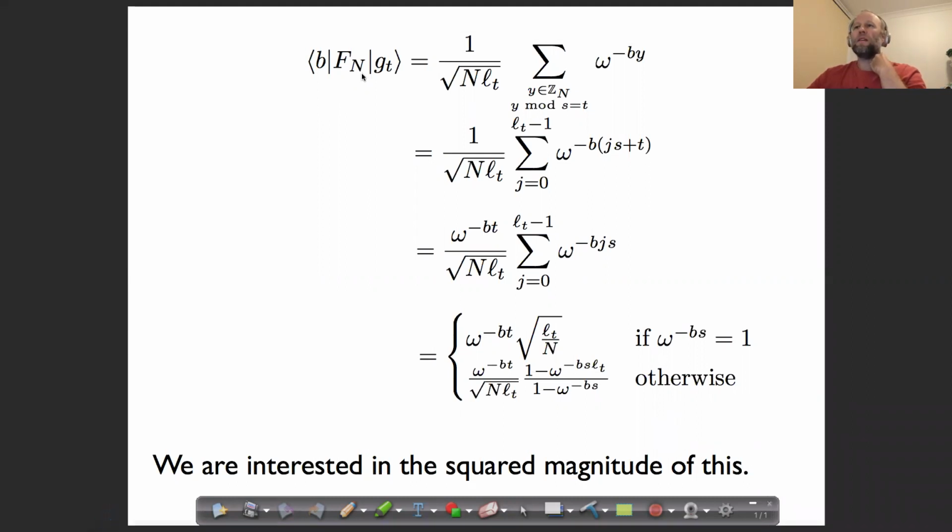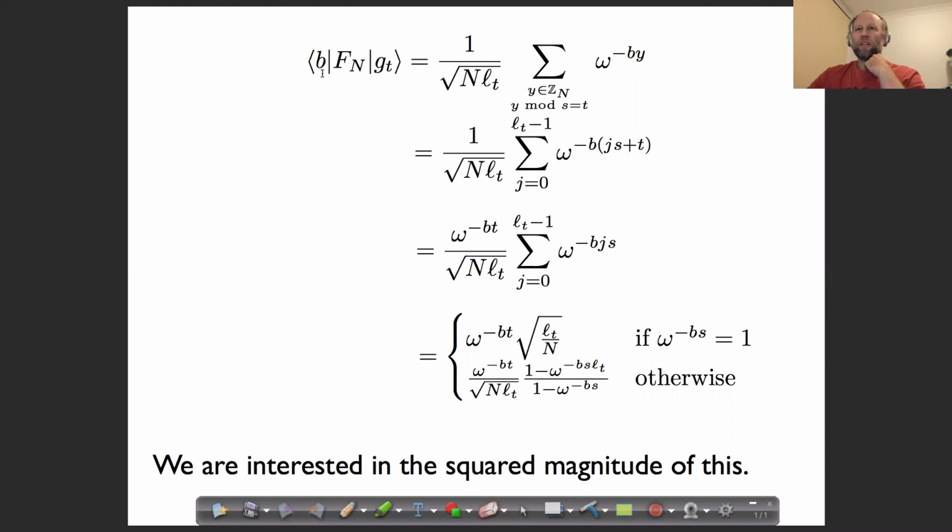Well, we just have our normalization here, and then we're going to have the sum over y mod s equals t. Those are the states. So gt is just the sum over y mod s equals t of ket y with normalization.